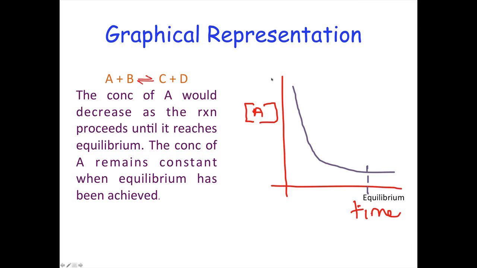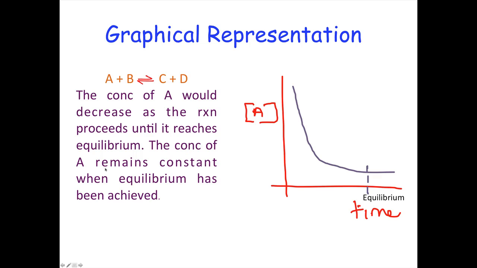So let's look at this from a graphical point of view. For the purposes of these graphs, we're going to be looking at the typical reaction A plus B to give C plus D. If we follow the concentration of A and how it changes with time, when we started this reaction, we only had A and B. So the concentration of A would decrease as the reaction proceeds until it reaches equilibrium.